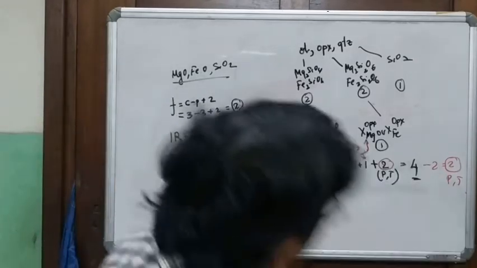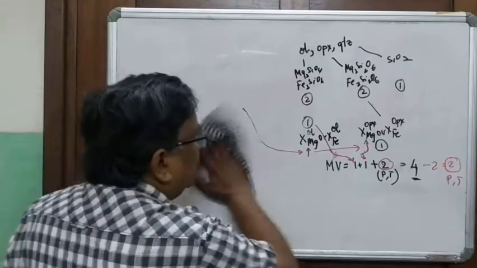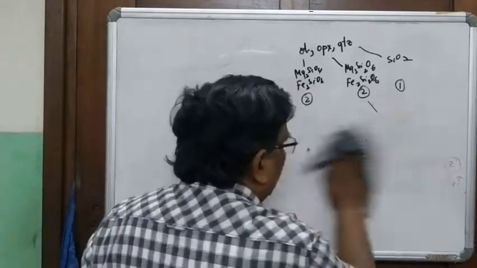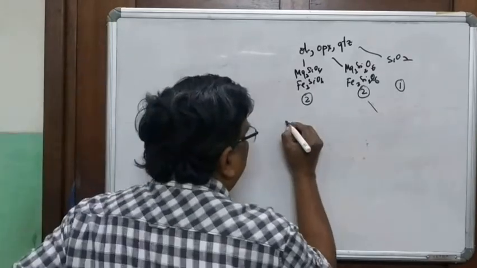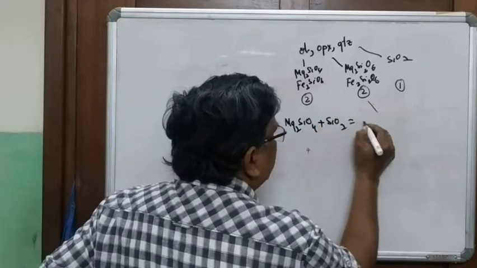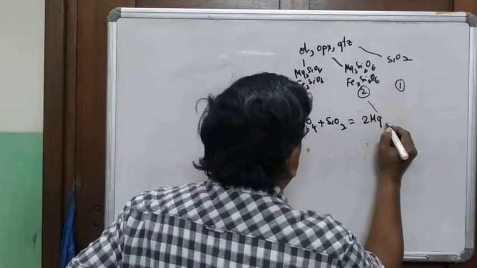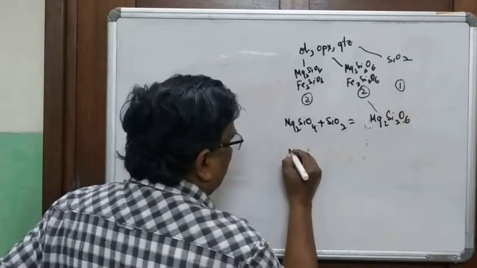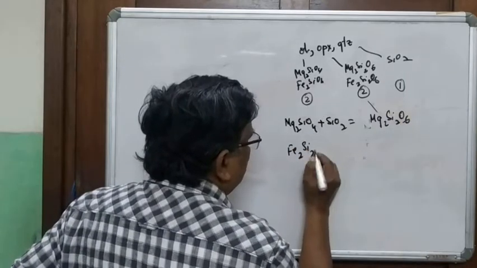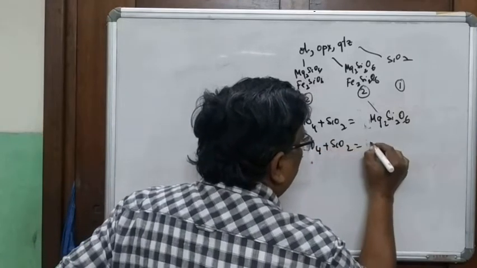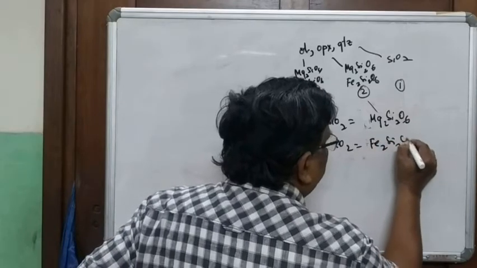Now quickly, once more. Remember, all XMg values are known. What are the reactions? Mg2SiO4 plus SiO2 is equal to Mg2Si2O6, and Fe2SiO4 plus SiO2 is equal to Fe2Si2O6.